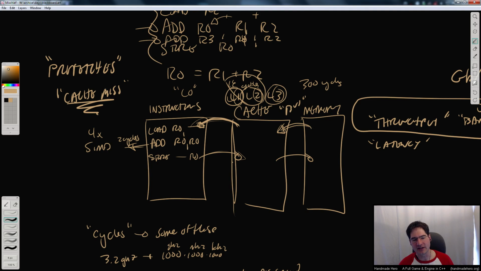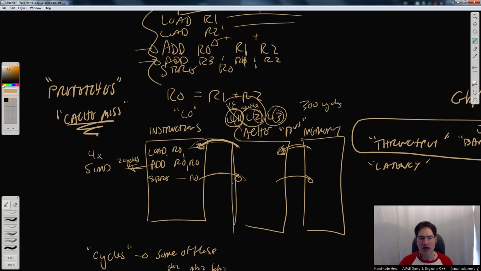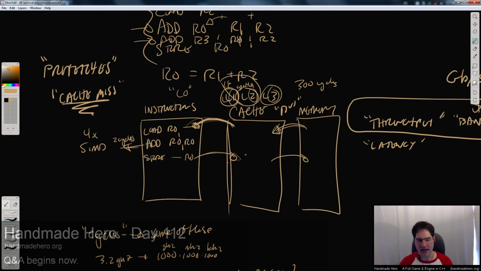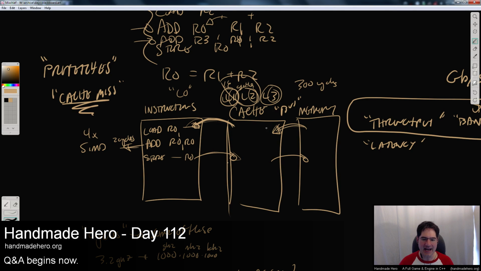A prefetch is a way of telling the processor, hey, look, I need you to put some stuff into the cache because I'm going to need it later, like 300 cycles later, and I want you to get it going now, so that I can do a bunch of other operations, and when I come back, the thing will be in the cache. So there's a tremendous amount of this sort of thinking about the cache, thinking about when to fill it, and how to do as much work with the stuff that's in the cache as you can before flushing it out again.